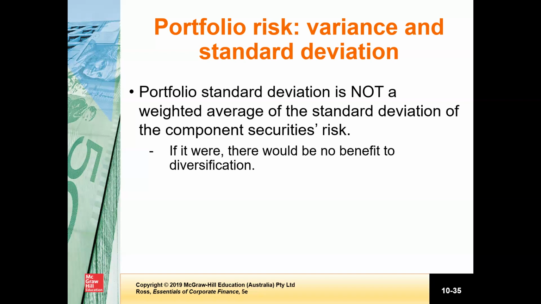For example, let's say the two assets are negatively correlated. Negatively correlated means if one asset return increases, another asset return will decrease. In that case, when you put these two assets in a portfolio, that will have an offsetting impact. The risk of one will be offset by another. As a result, the standard deviation of a portfolio should be less than the weighted average standard deviation if they are less than perfectly positively correlated.